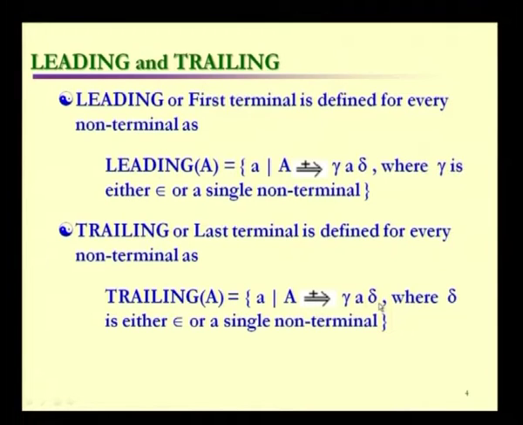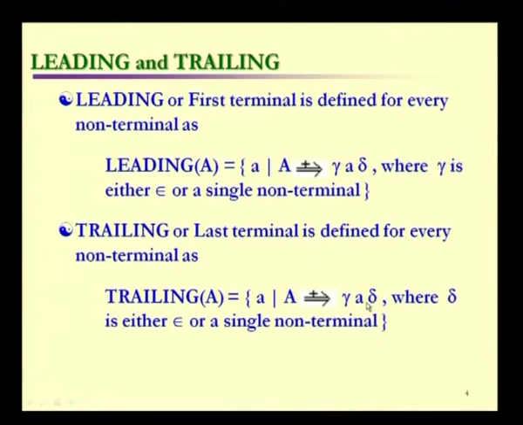Since we are talking about the last terminal, we are not bothered about gamma, but we are concerned about delta. So, delta is going to be epsilon, or a single non terminal. When you move from right to left from the rightmost end, we will either see a terminal first, or we will see a variable and immediately next to that a terminal.